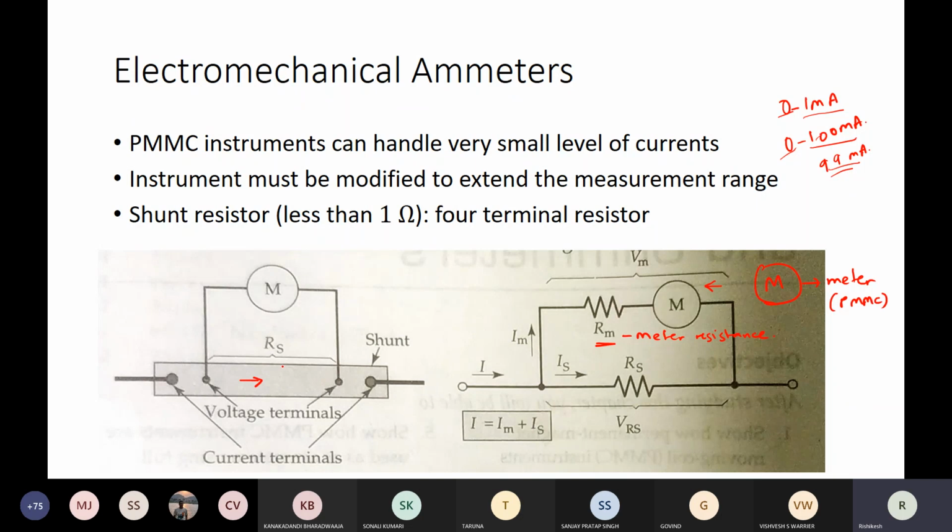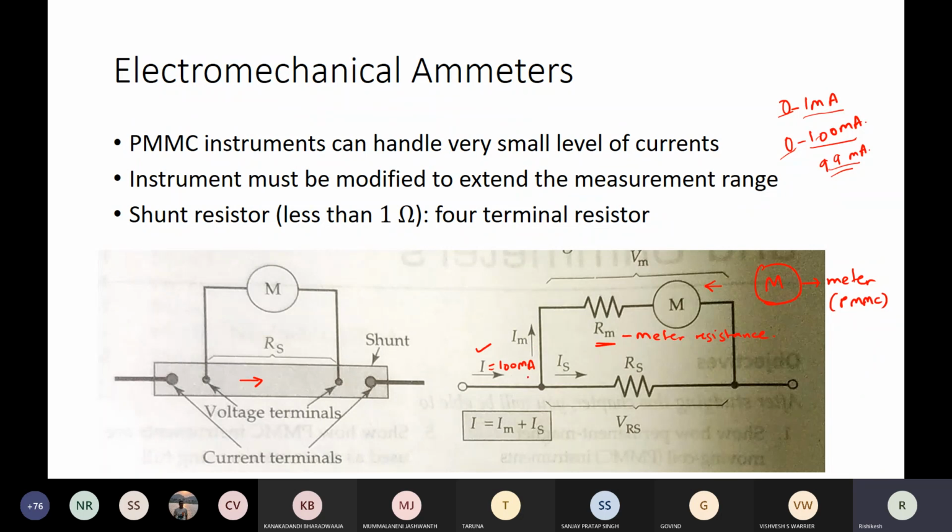Shunt resistance has a very low value, as you can see, less than 1 ohm, and symbolically it is represented like this. So let's say you are measuring the current I, which is a very high value, and for example, let's say I is 100 milliampere maximum, and for this 100 milliampere I want to show it with a meter which has a range of 0 to 1 milliampere.